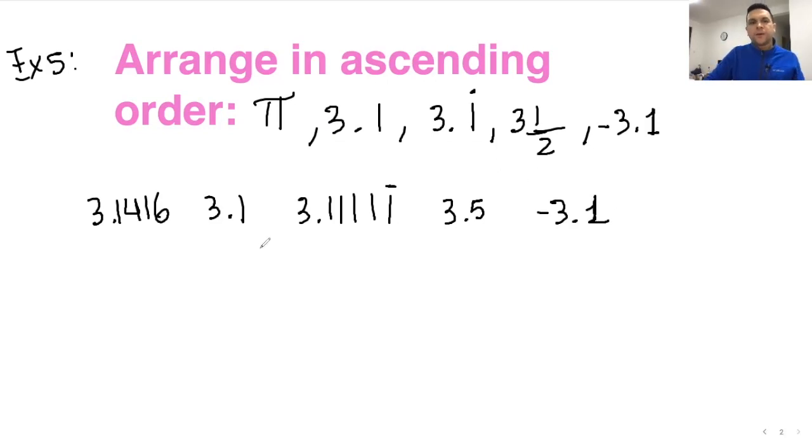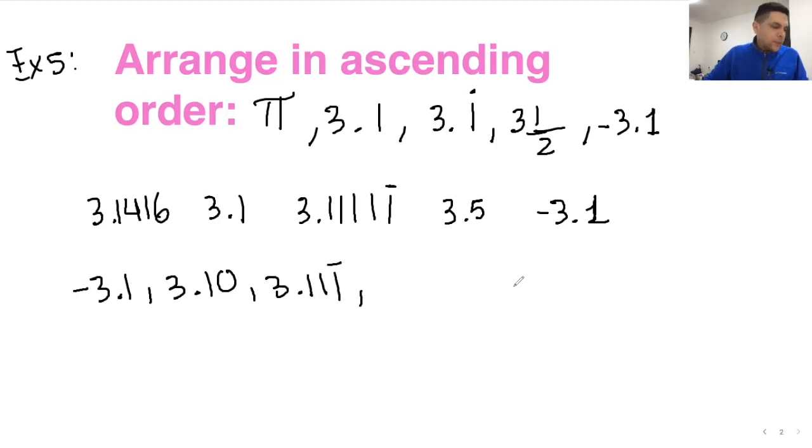So I think it's easier if you do it this way. You can see the numbers now, and then you can go ahead and compare them and arrange them in ascending order. So what do I mean by ascending order? From smallest to largest, right? So our smallest number is going to be our negative number, right? Negative 3.1. The next number is going to be 3.1, which is the same as 3.10. Next one is going to be this one right here.